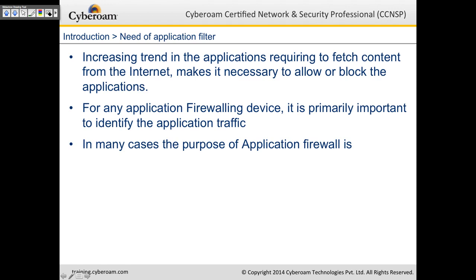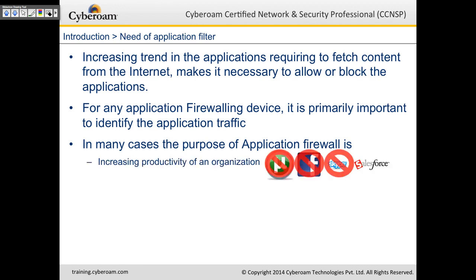So what is the need of an application filter? Increasing trend in the applications require to fetch content from the internet, making it necessary to allow or block the applications. For any application firewalling device, it is primarily important to identify the application traffic. In many cases, the purpose of an application firewall is increasing the productivity of an organization.